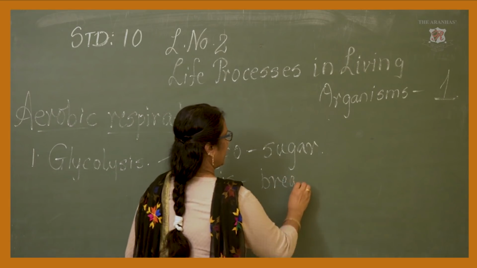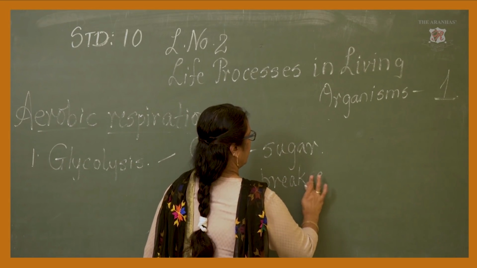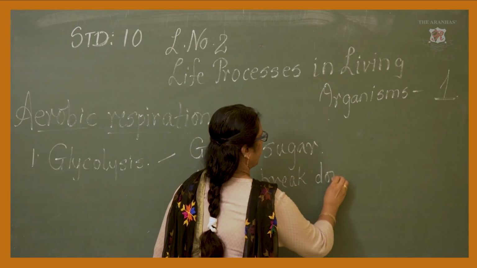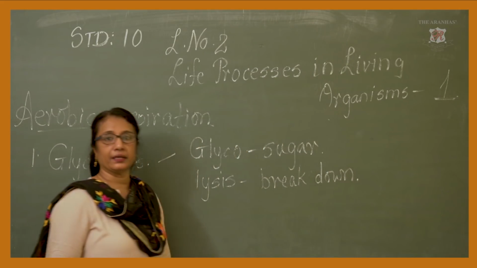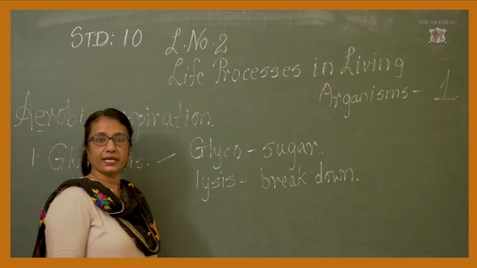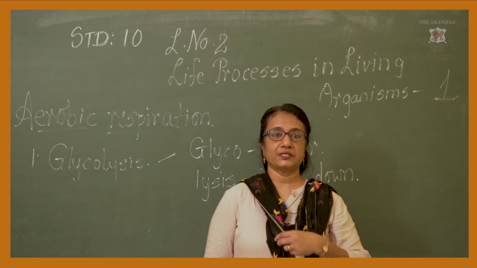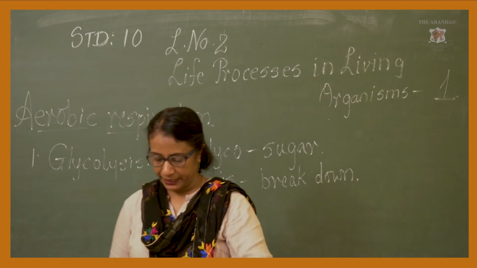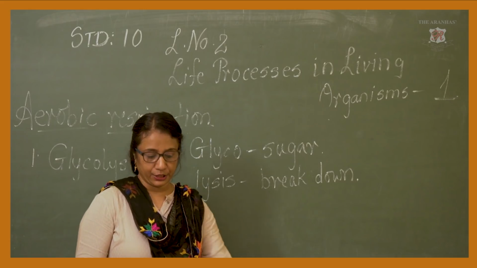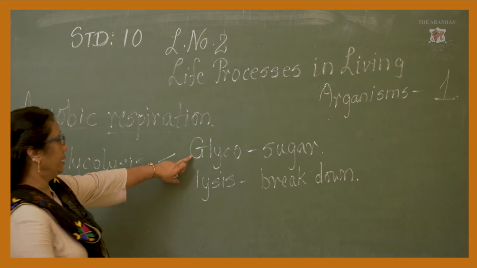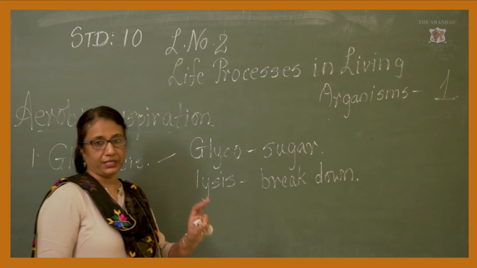So, what is happening in our cells? Breakdown of sugar, breakdown of glucose is happening in our body. We are going to study that now. It's very simple, nothing difficult there.